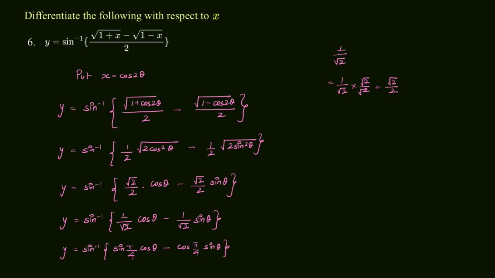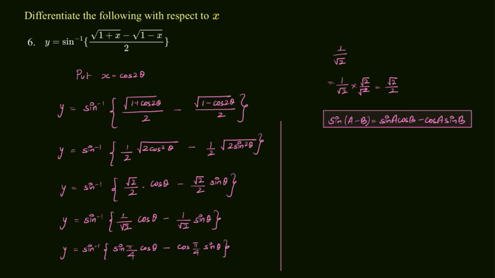So the purpose of writing this was, now this has become sine A cos B minus cos A sine B. So this is the formula for sine A minus B. So there's one formula, so this is in the form of this. Therefore y can be written as sine inverse of sine A minus B, that is pi by 4 minus theta.